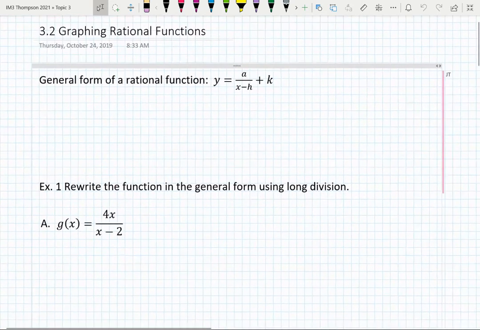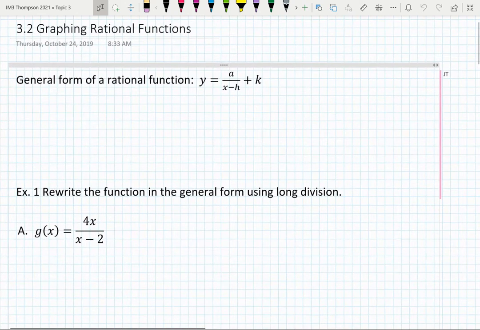So graphing rational functions. We touched on the general form of a rational function in 3.1. We're going to go over it again here in 3.2. I don't think I called it general form, but it's what we use for transformations.